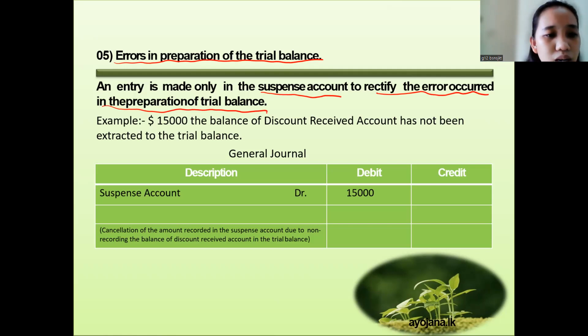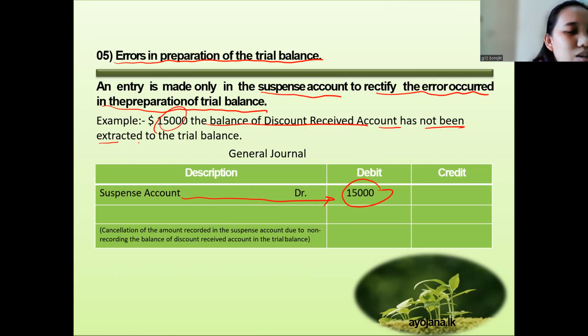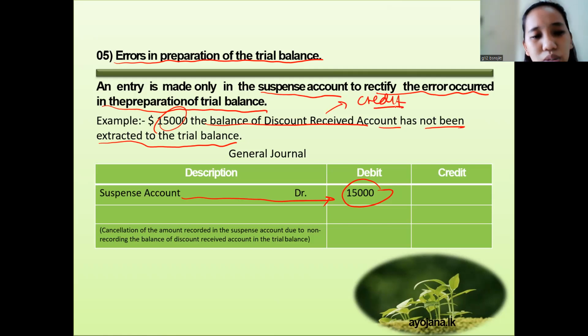Since here the lower total is debit, we put the suspense account on the debit side for the correct one. For example, 15,000, the balance of the discount received account had not been extracted to the trial balance. We already know that discount received is always on the credit side. It's supposed to appear, so we add discount received on the credit side, and then we add the suspense account.